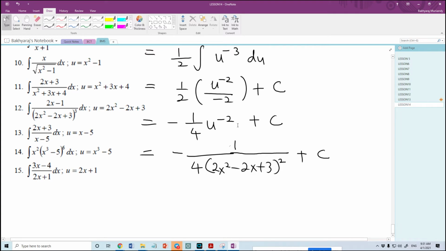Okay, so number 13. Proceed with number 13. Integrate. You will get (2x plus 3) divided by (x minus 5) dx, and then u is actually x minus 5.